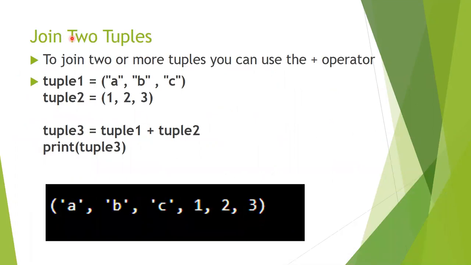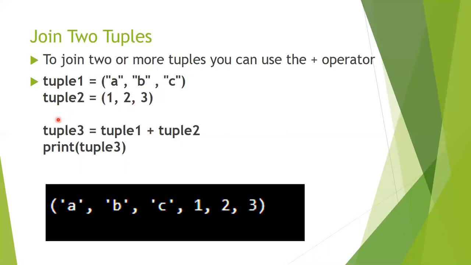Next, if we want to join the members of two tuples, then we can use the concatenation operator, symbolized as plus. For example, we have created tuple 1 containing elements a, b and c, and tuple 2 containing elements 1, 2 and 3.